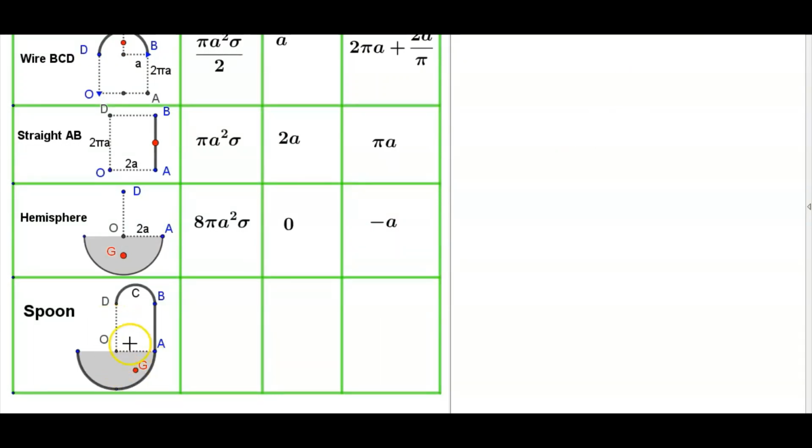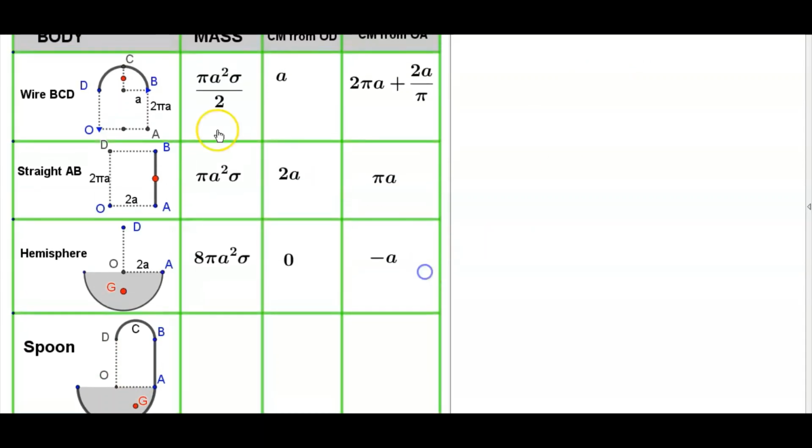Now the spoon. So what is the mass for this new spoon? We want to add all these three elements. This one plus this one plus this one. That is the total mass of the spoon. Pi A squared sigma by 2 plus pi A squared sigma plus 8 pi A squared sigma.